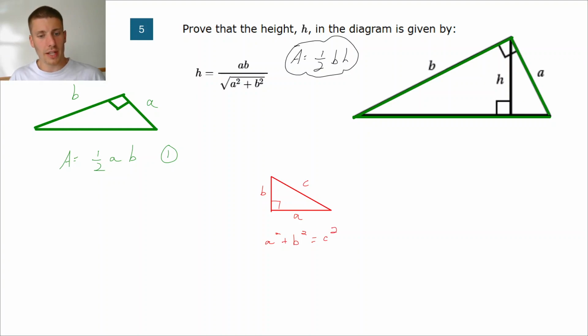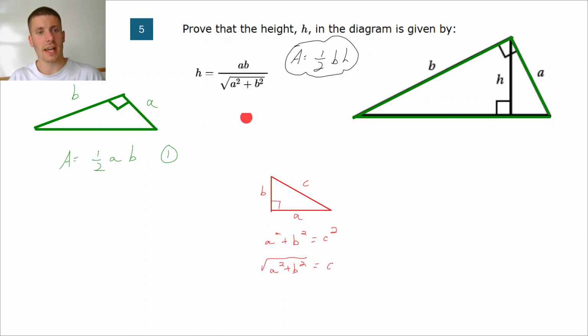Now if I wanted to write the longest side, c, on its own, I would square root both sides and say that c is equal to the square root of a squared plus b squared. So this c is the longest side in your right angle triangle, and you can define it to be the root of the two shorter sides squared, added together.